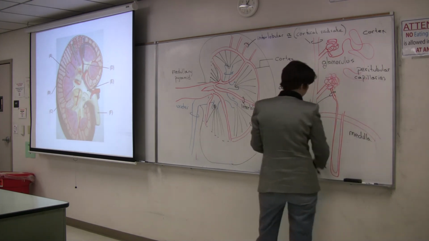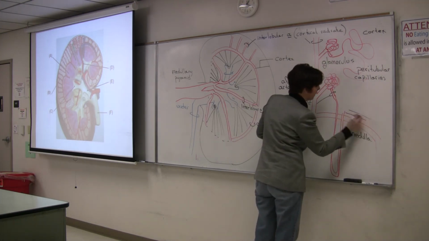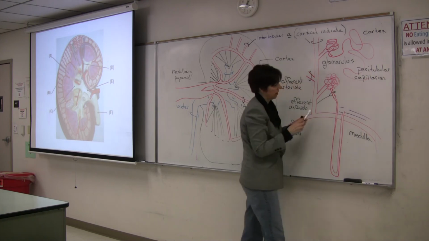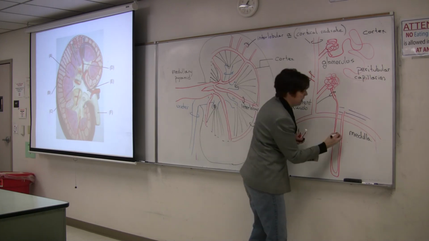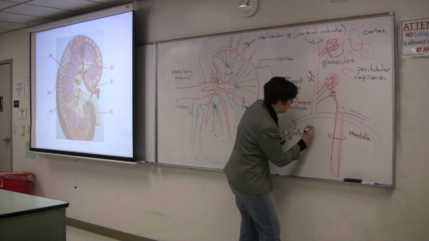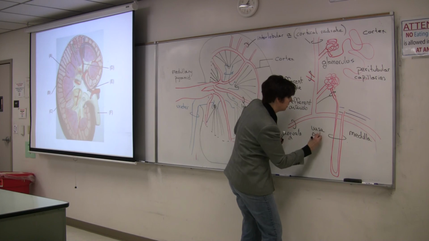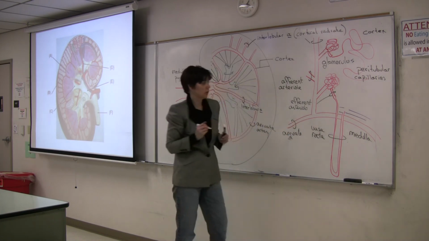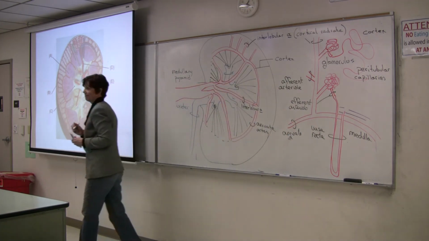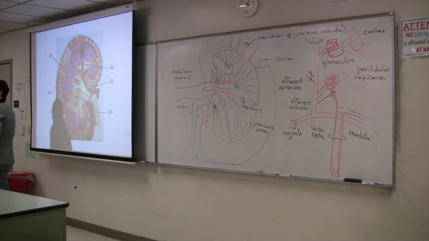Where it goes into the arcuate vein. And this structure is known as the vasa, which means vessel, recta, which means straight. Those are found only in the medulla.